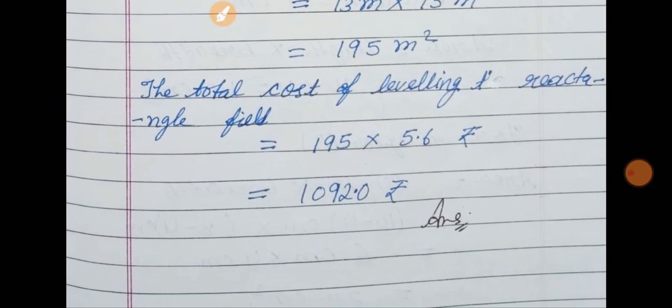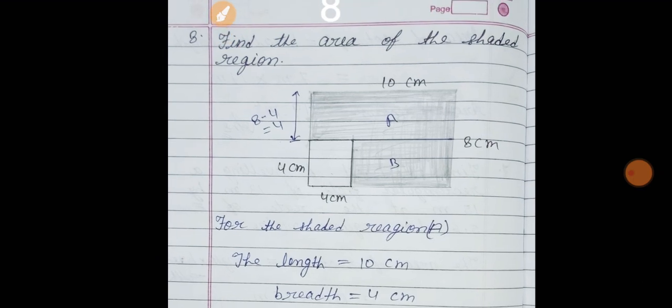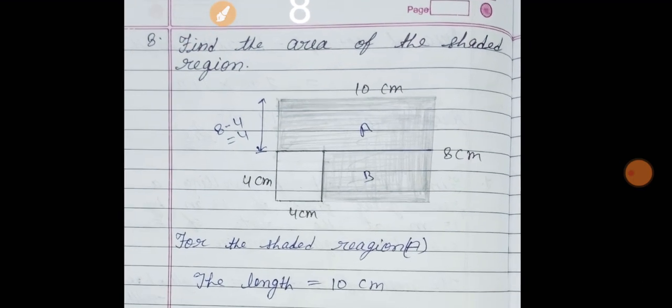The total cost of leveling the rectangle field is equal to 195 multiplied by 5.6, it will come 1092.